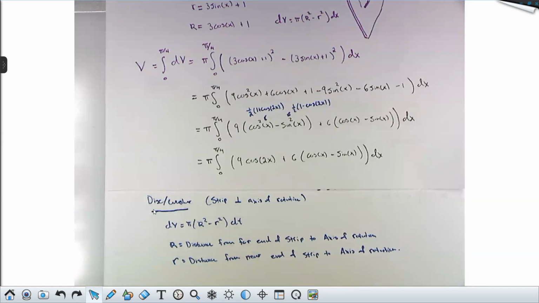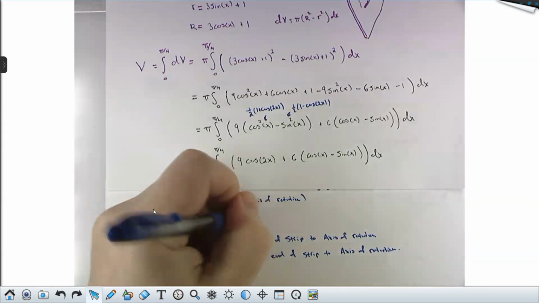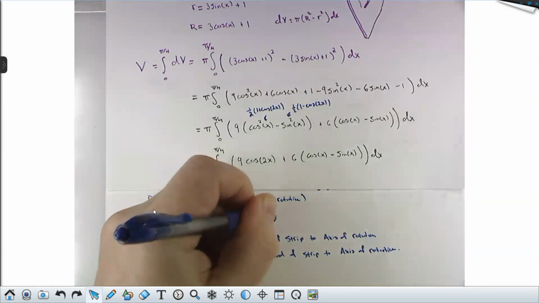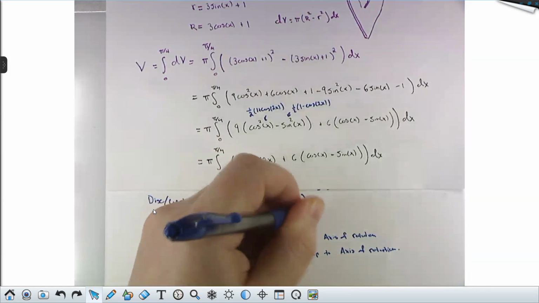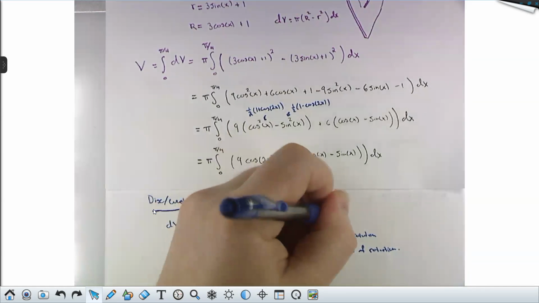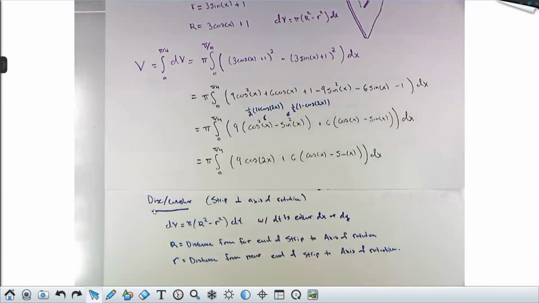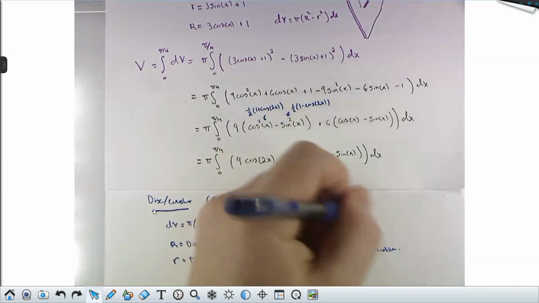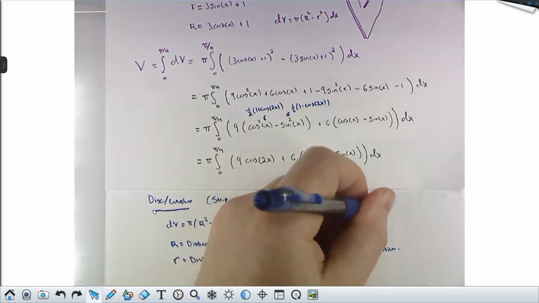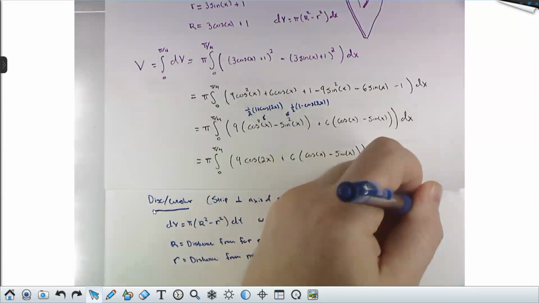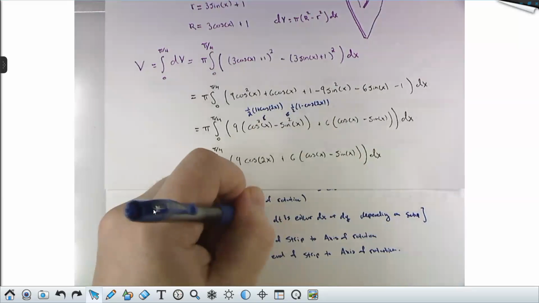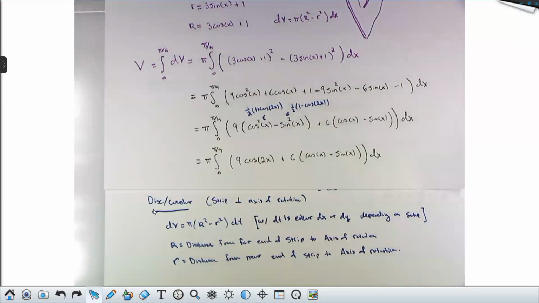Now here, dt can be dx or dy, depending on the situation. If your strip is vertical, then it's going to be a dx. If your strip is horizontal, it's going to be a dy.